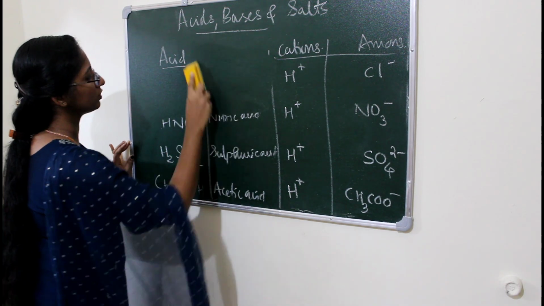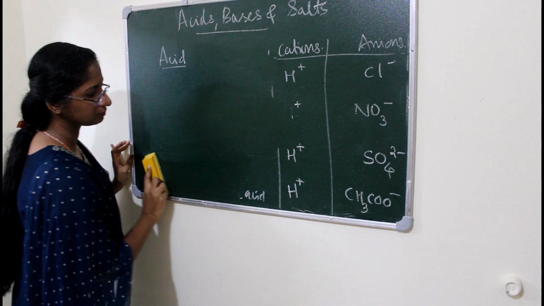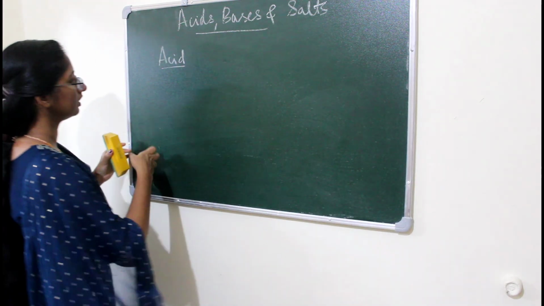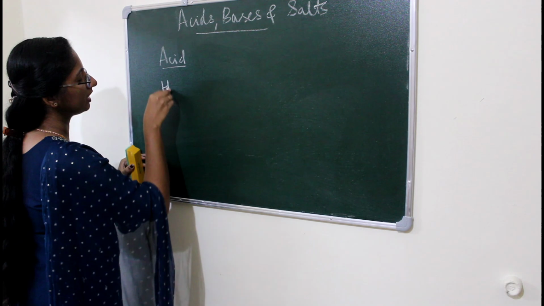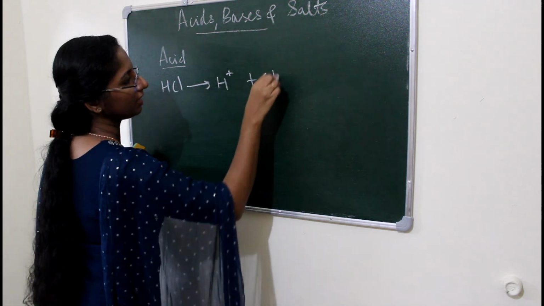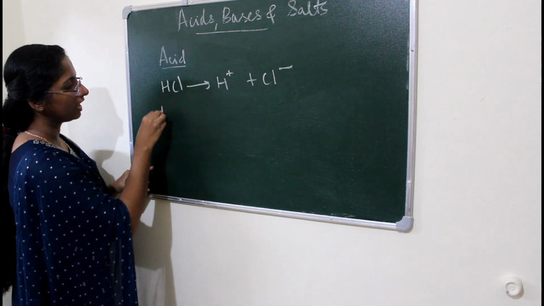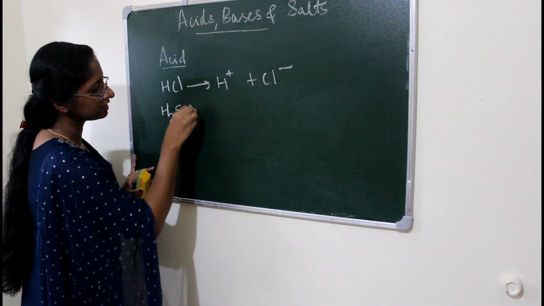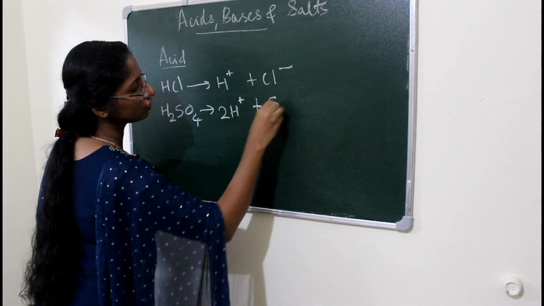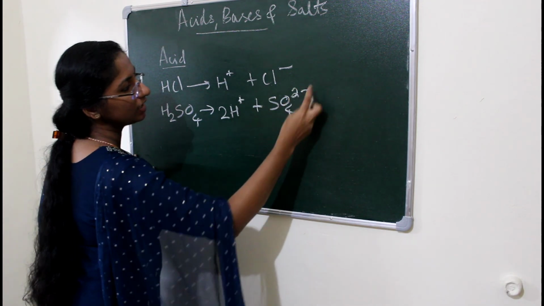So now I am rubbing this one. In acids, HCl can be H plus and Cl minus, right? Similarly, H2SO4, sulfuric acid, we will have 2H plus and SO4 2 minus.